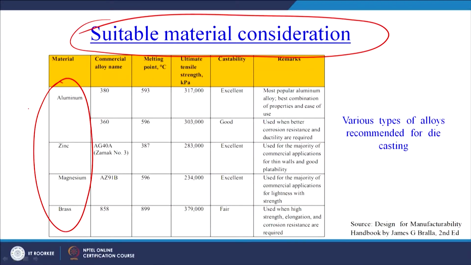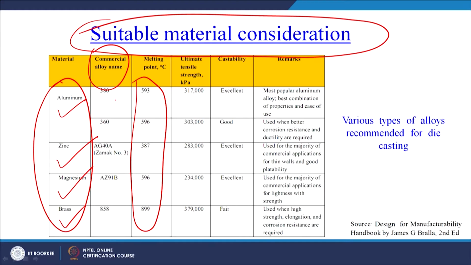When the product has to be made by die casting, these are the important materials which can be easily cast using the die casting process. You can see aluminum, zinc, magnesium and brass, and the commercial alloy name is also given, and you can see the melting temperature is in three digits only. For different alloys, different melting temperatures are there. The ultimate tensile strength is given in kilopascal, it can be represented in megapascal also, and then the castability.